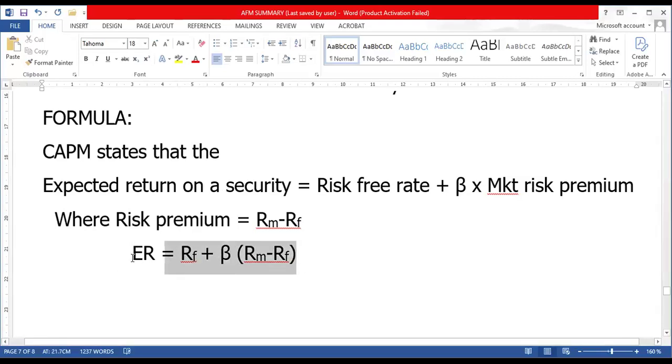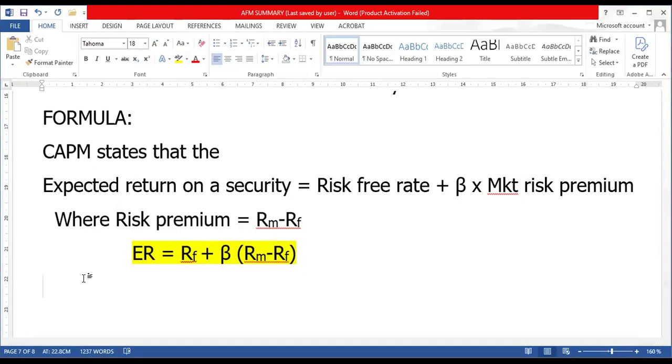It's a formula, I don't think that you will have problems. And of course, this topic may not miss in your paper. It's a core topic which you should try to master. You may use the CAPM formula to answer, because from it they can ask a lot of things.